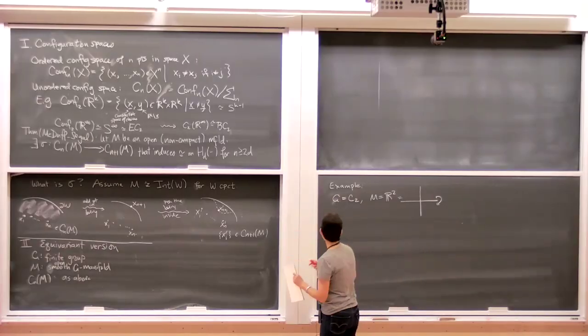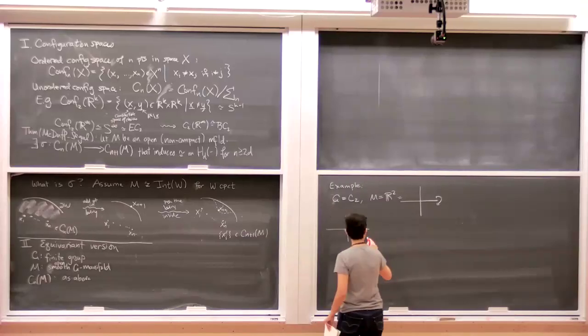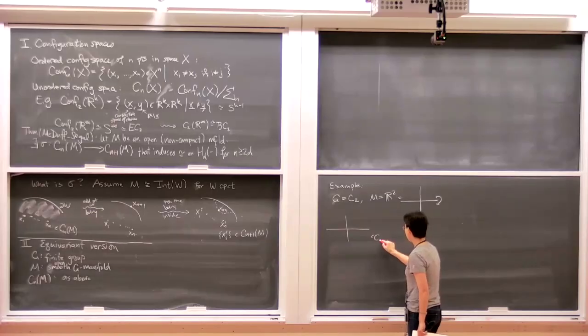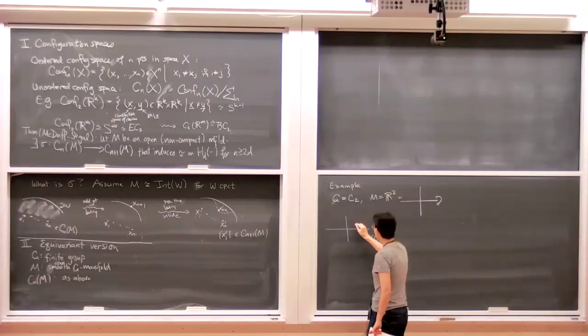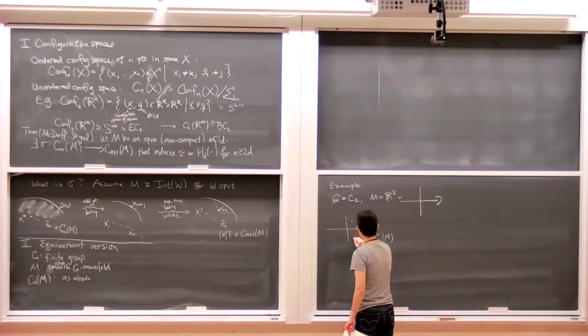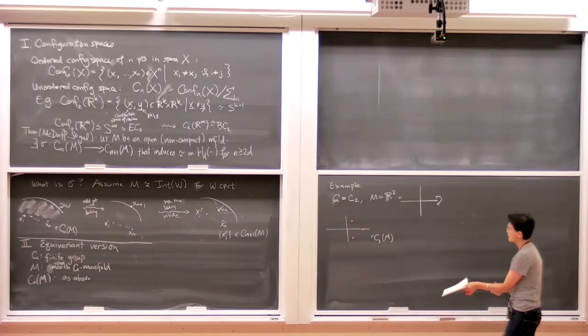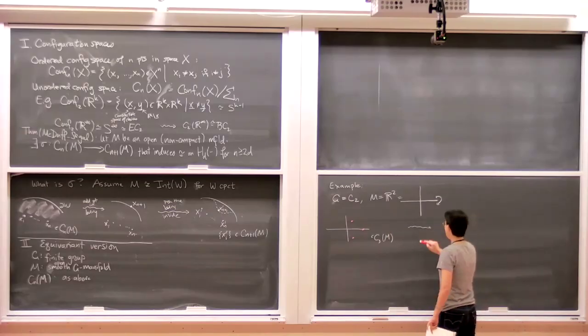Just to make sure we know what these definitions mean, an example of an element of C3 of M is any 3 points. So I can choose that, and that is an example of a configuration.